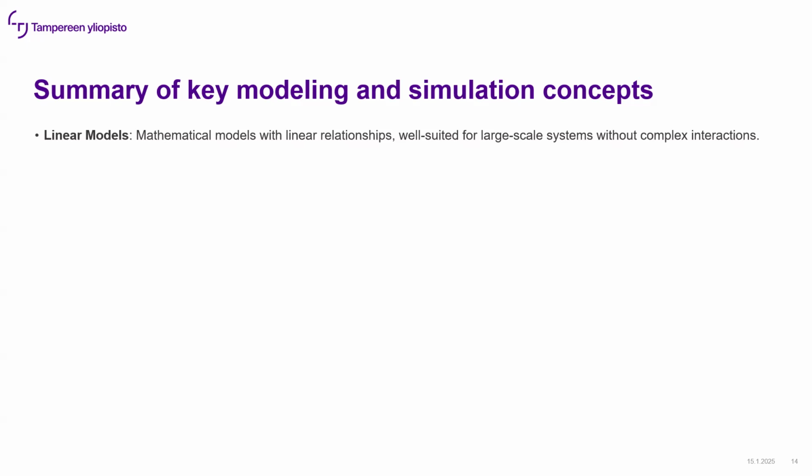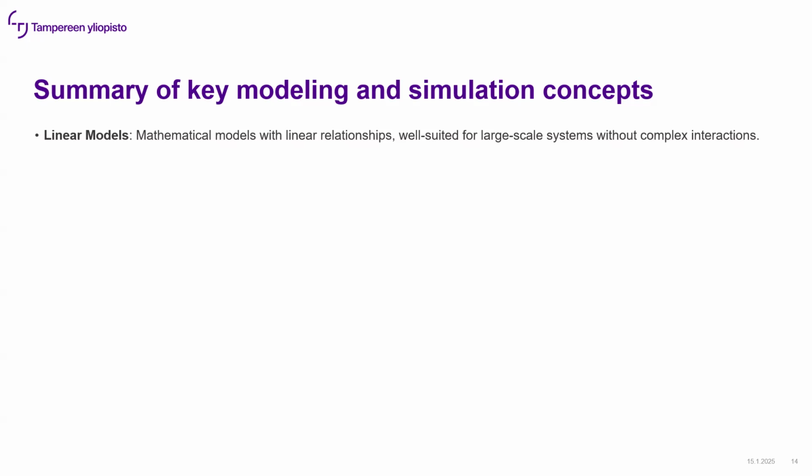For example, in that example that I showed you previously, I calculated the wind power production based on the third exponent of the wind velocity. But that doesn't exactly make it a nonlinear model, because it's not per se a variable in that calculation procedure.